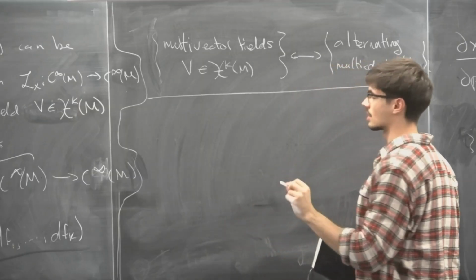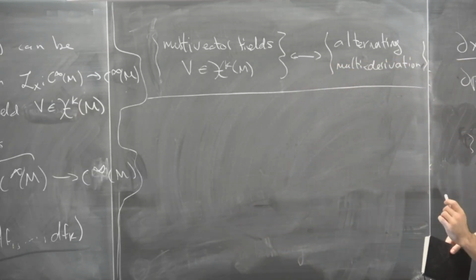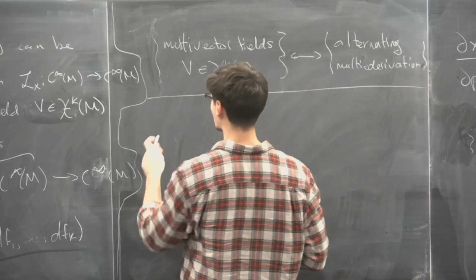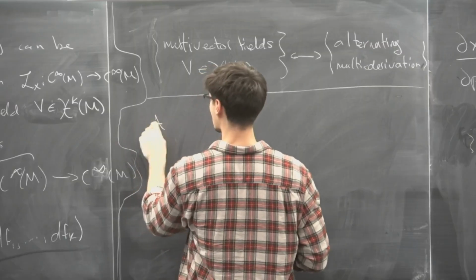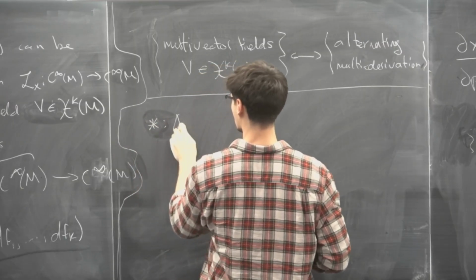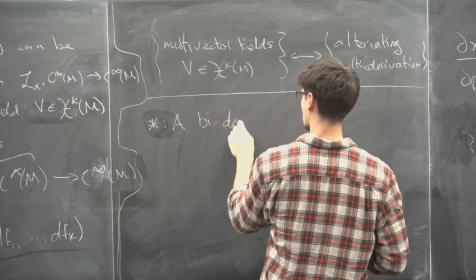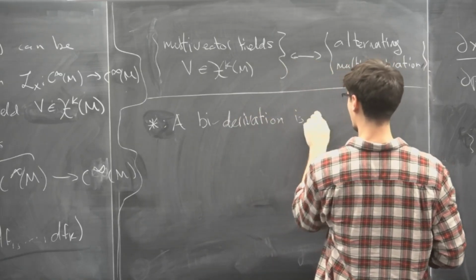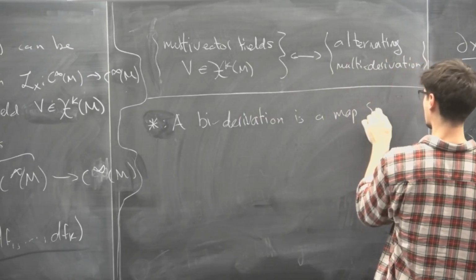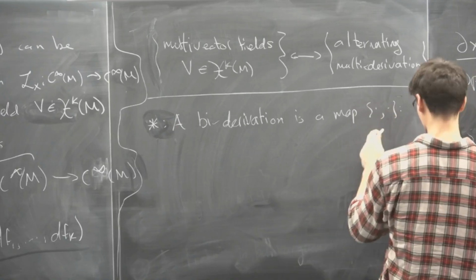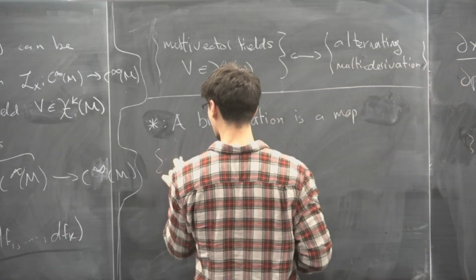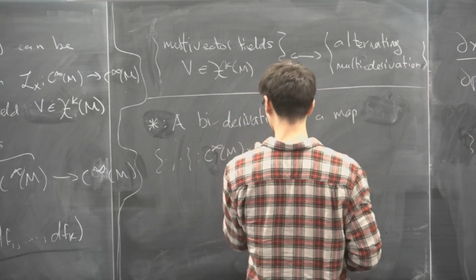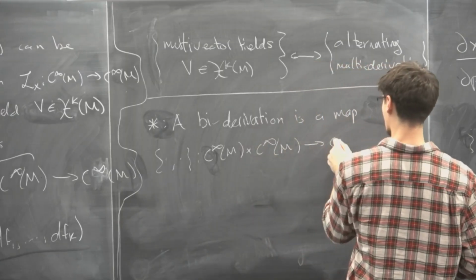As we saw, the bracket was a bi-derivation, taking in two functions and spitting out another.